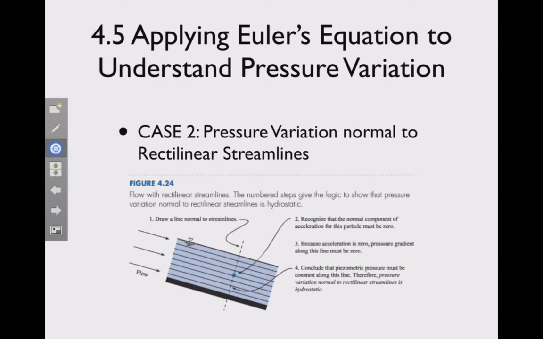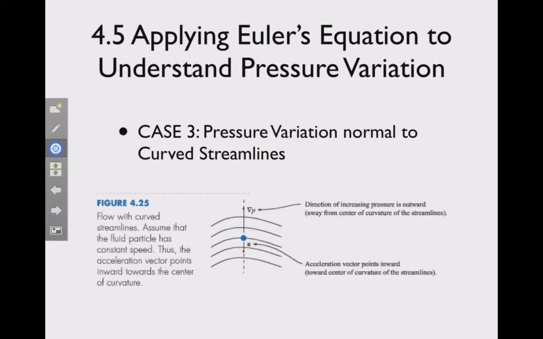There's no spatial variation to the piezometric pressure. We can conclude that the piezometric pressure must be constant along this line, and therefore the pressure variation normal to the rectilinear streamlines is hydrostatic. So that's another case that we can derive from Euler's equation.